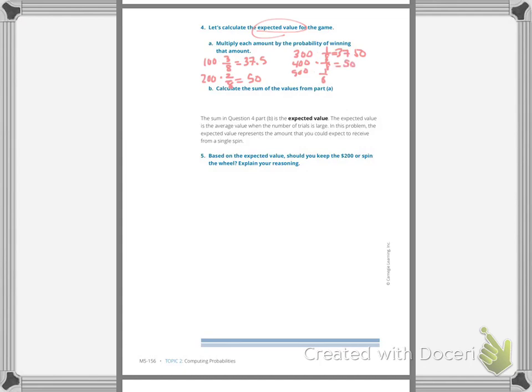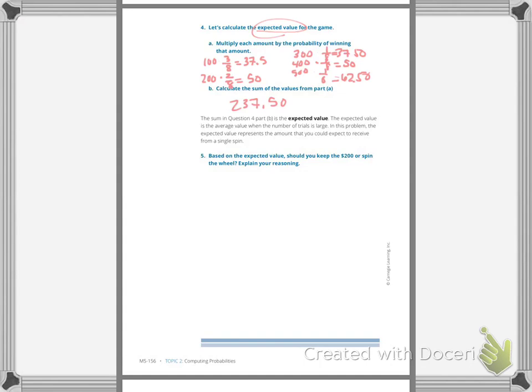And then 500 times 1/8, 62.50. Okay, calculate the sum of the values. So sum means I add them. So I'm going to go ahead and add all those guys. And I get $237.50. So what we just found is that on average, if you would spin again, you would get $237.50.